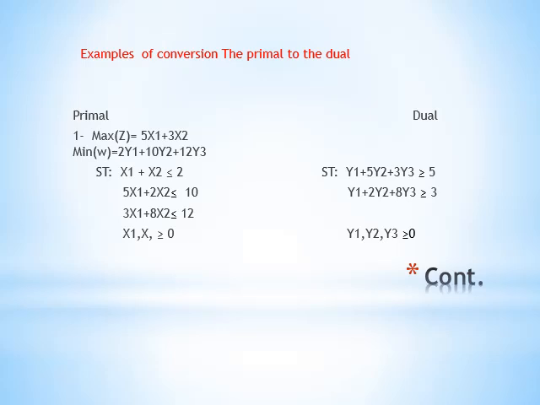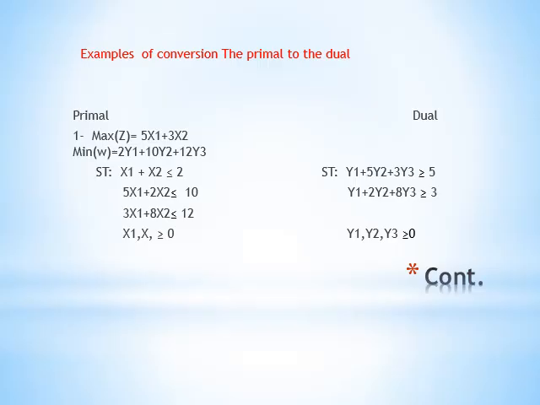Now, let's see. Here we have two decision variables, x1 and x2, then the constraints of the dual will equal 2.